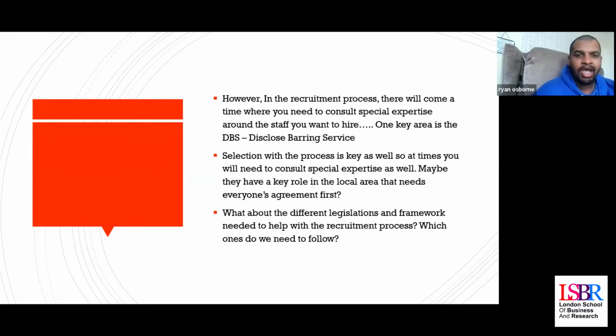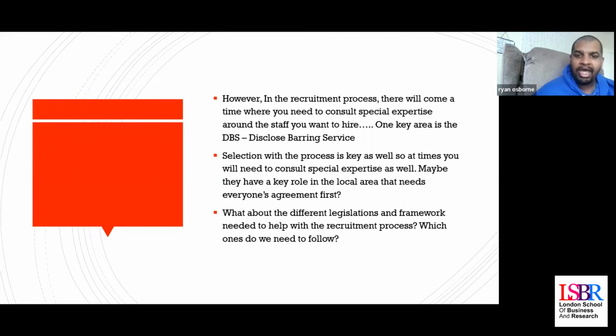The Equality Act is another legislation needed to help with the recruitment process. It is very big, because what it is saying is that any discrimination in the recruitment and selection of employees is illegal.